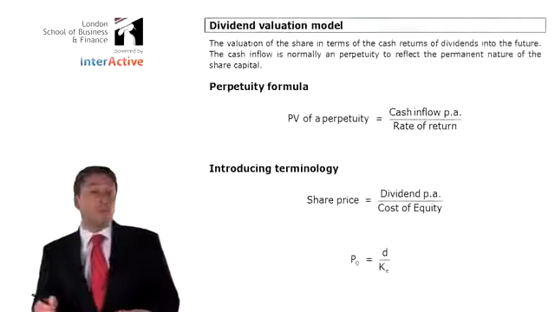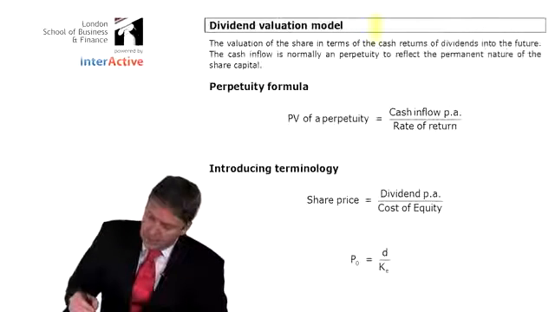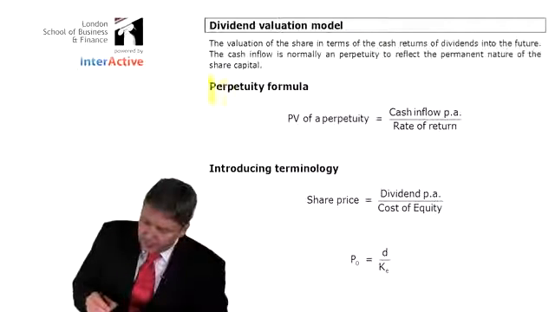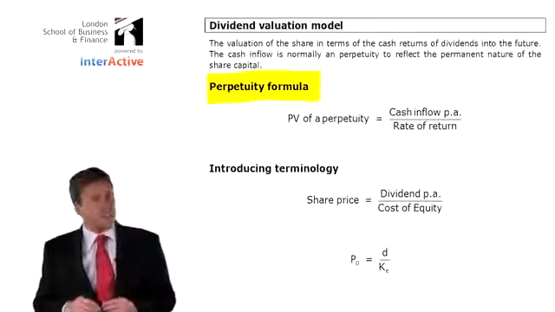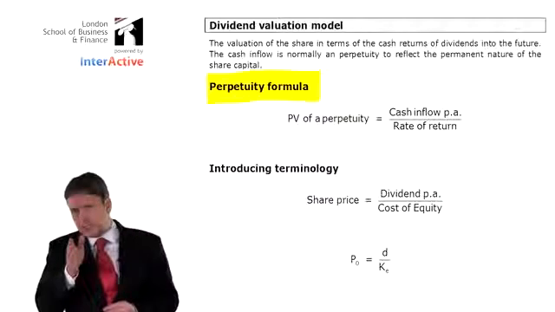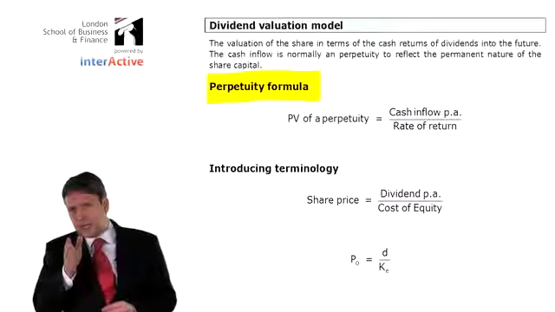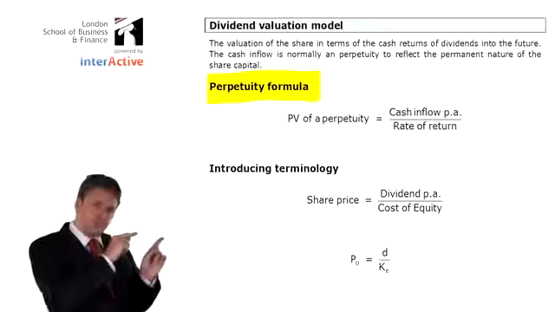And what I want to remind you of here is simply this. If you were looking at the present value of future dividends, what we're looking at here is effectively a perpetuity. You see, a perpetuity suggests that there will be a cash flow each year forever into the future.